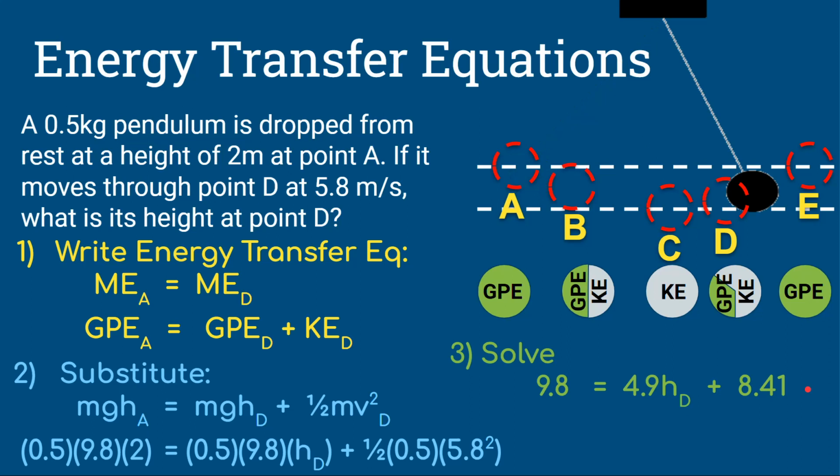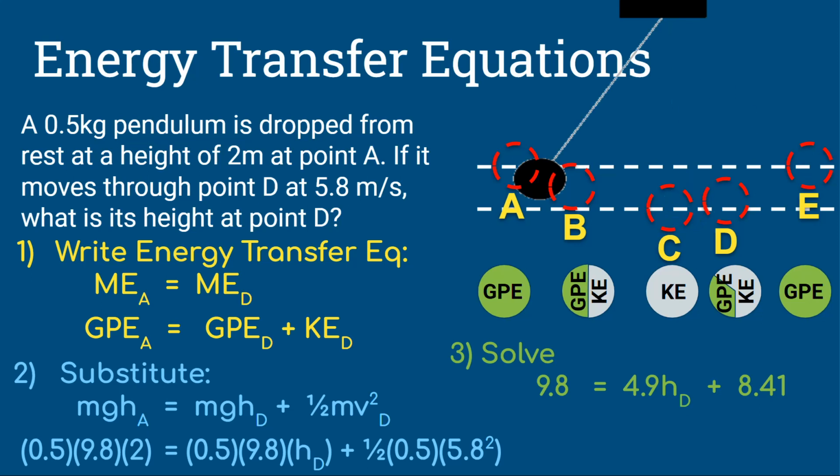Okay, and so if I want to get that variable, that h, by itself, and here's where some of y'all have problems. I say it's just algebra, but some of you guys try to add those two numbers together. You cannot do that. Just as a quick reminder, you cannot add 4.9h plus 8.41 together. Those are not like terms.